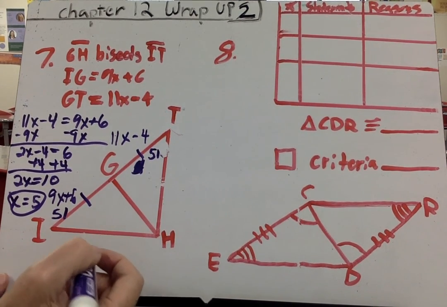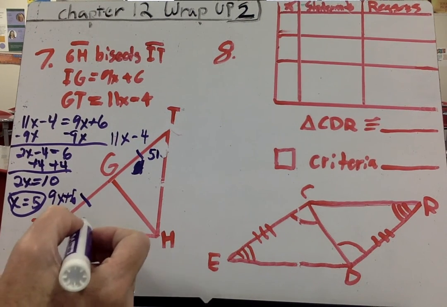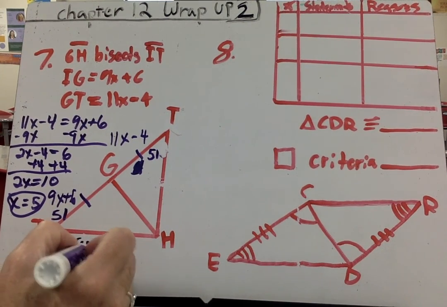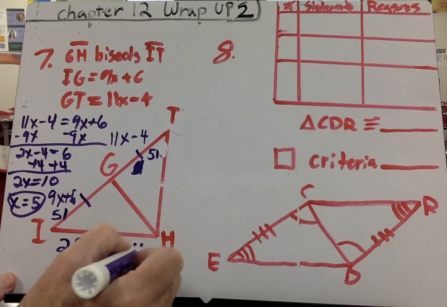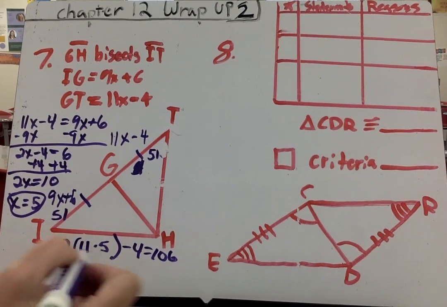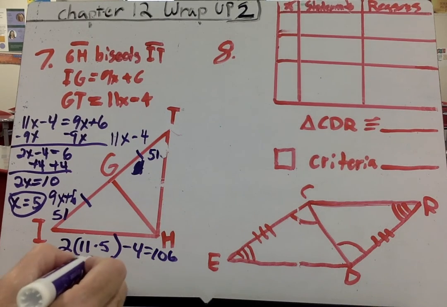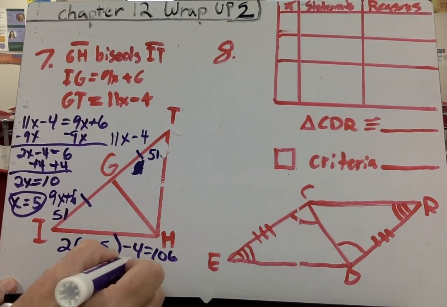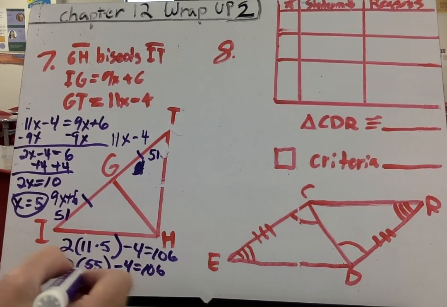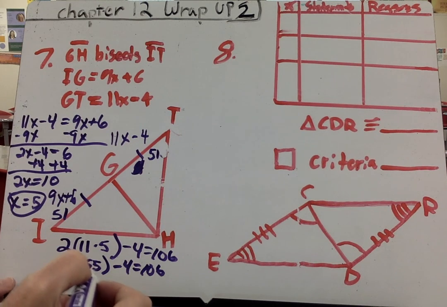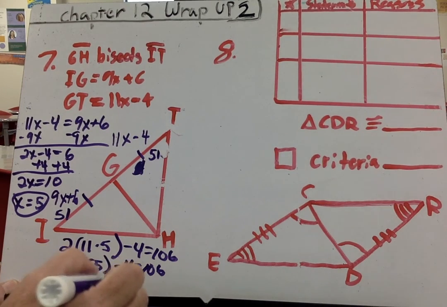So if x is 5, GH is 2 times 11 times 5 minus 4 equals 106. Okay, so 2 times 55 minus 4 equals 106. So 2 times 55 is 110, minus 4 is 106.